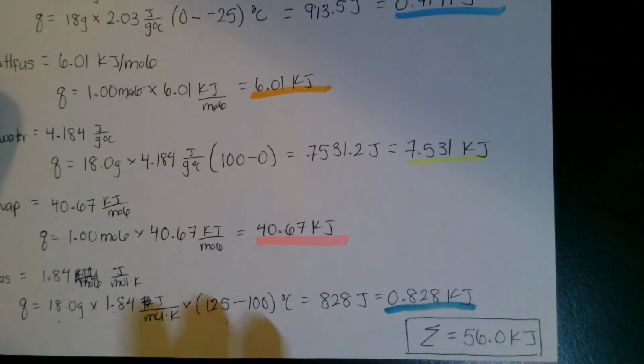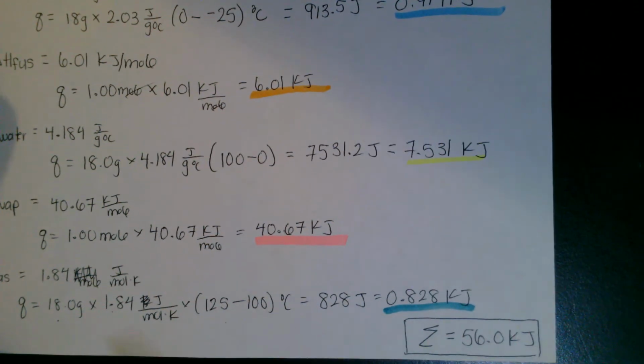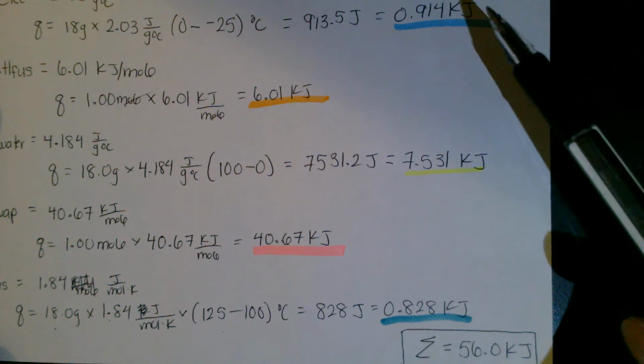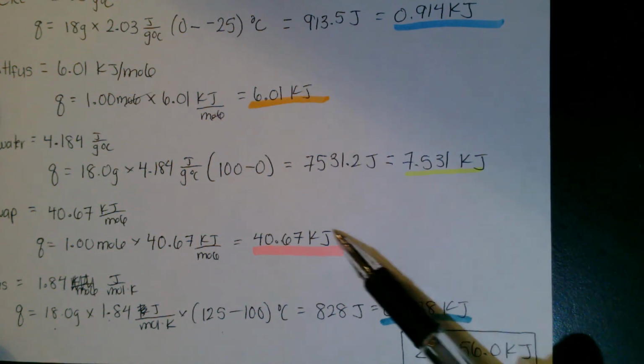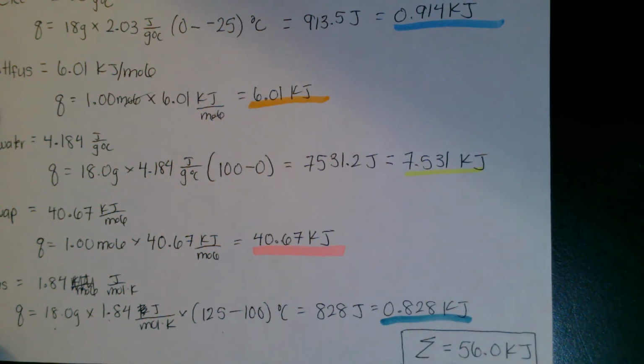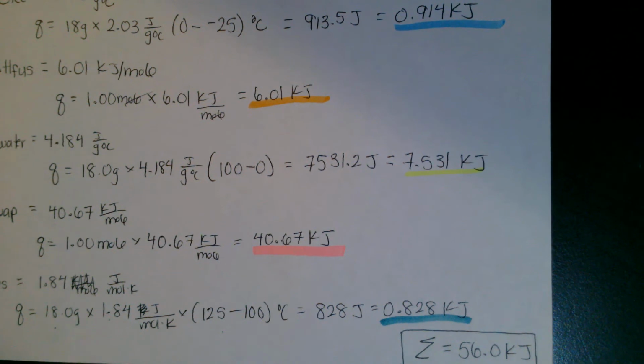So all of those together, again, added up, all of our 5 steps, sum those steps together, 56 kilojoules worth of energy to take 1 mole of water from negative 25 degrees Celsius in the solid phase all the way up to 125 degrees Celsius in the gas phase.